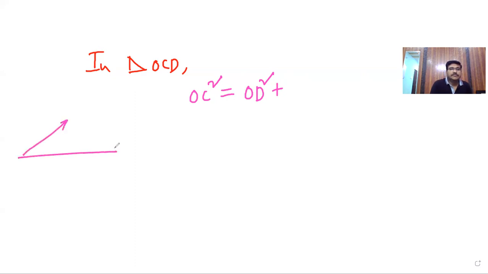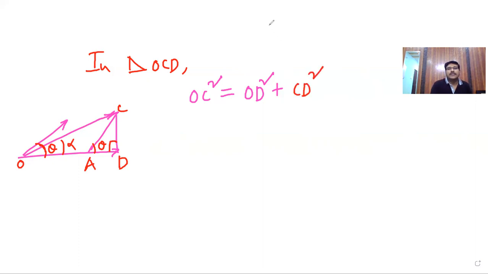This was the triangle. I am giving the names O, A, this is C, this is D. So this is a right angle triangle. This is theta. This is alpha. This is also theta. So OC square is OD square plus CD square.